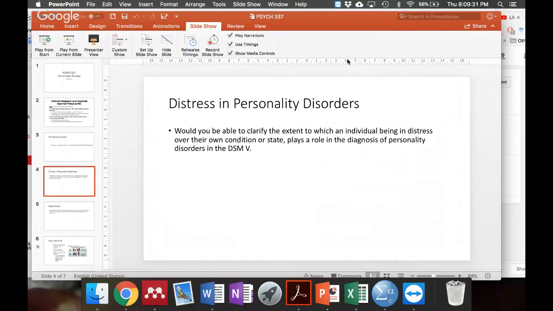But it could very well be the case that this person's personality and behavior could hurt others more than distress that individual, in which case this would still be acceptable to make a diagnosis. So distress is important for the diagnosis, but it's not necessary. If there's impairments in other areas, then that's sufficient.